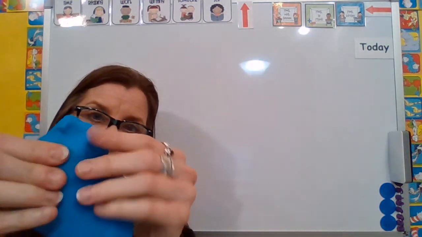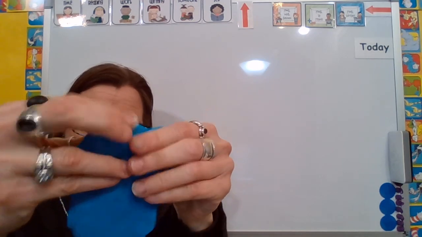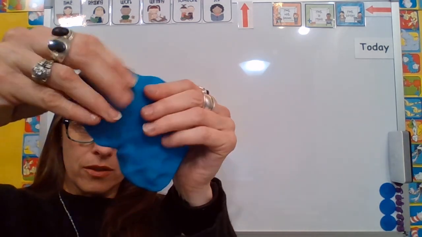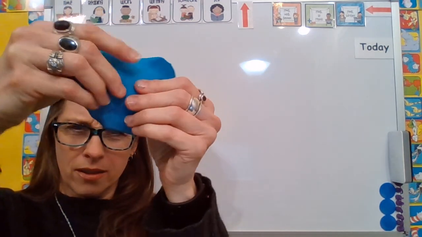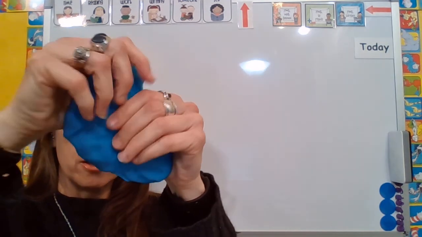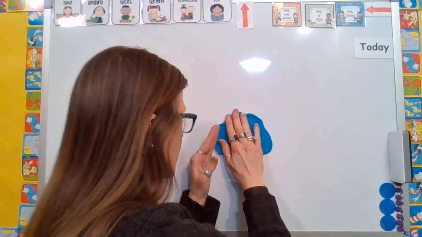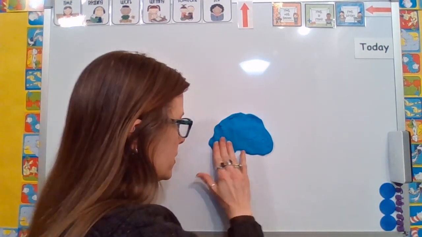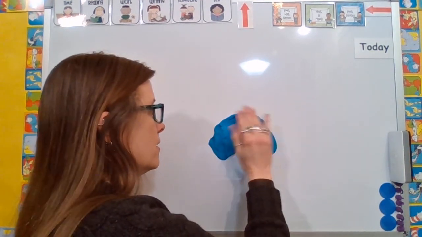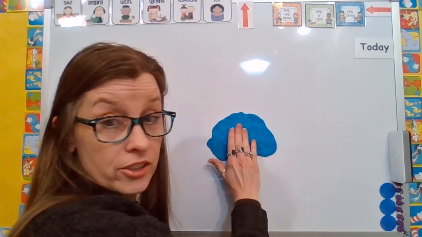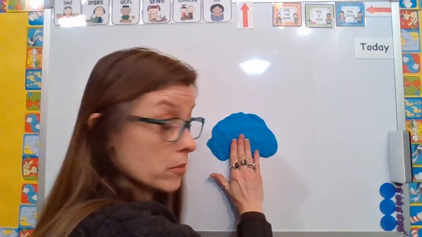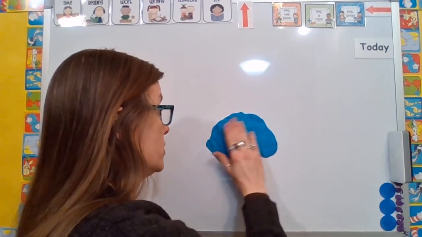Use my fingers. Remember, squish, squish, squish, turn. Squish, squish, squish, turn. Then I'm going to put it on my board. While I'm putting mine on my board, you put yours on your table and squish it out.